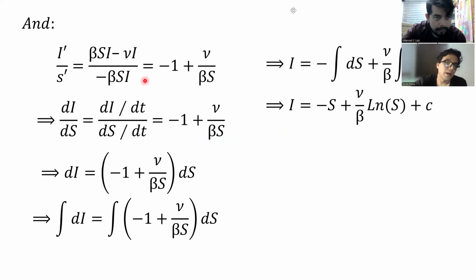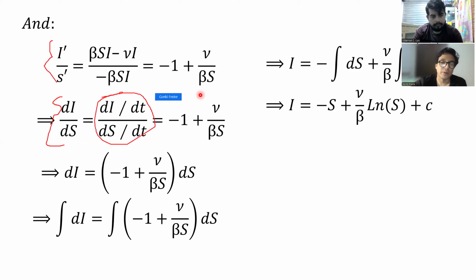We have I prime and S prime, and we divide them to get some function. We need to analyze this rate of change. Since I is a function of time and S is also a function of time, we can get this expression, replace, and get this equation.